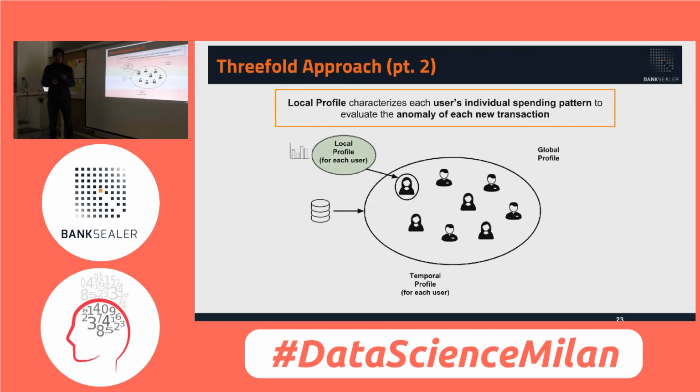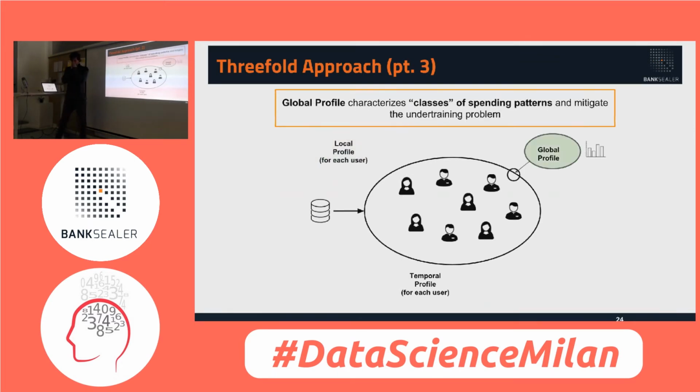The anomaly detection algorithm works like this: if the frequency is very low, the anomaly will be very high. If the frequency is high, the anomaly will be low. The second component is the global profile. This helps when you have undertrained users.